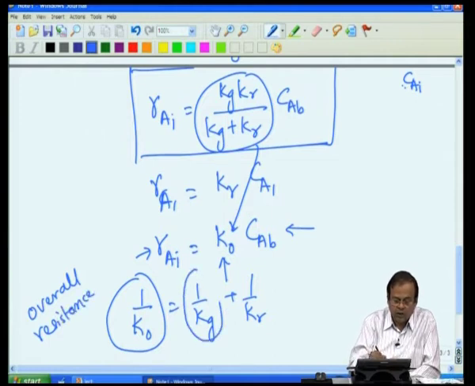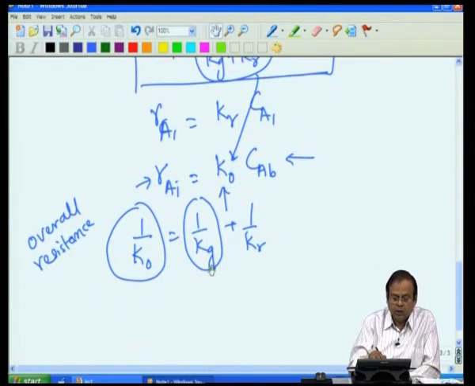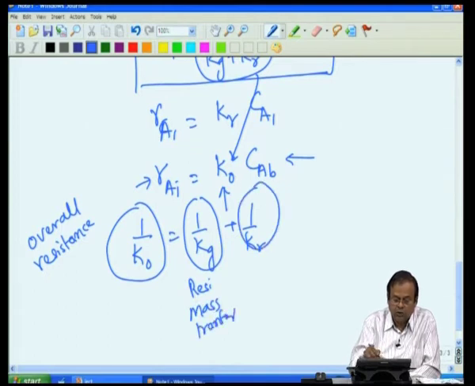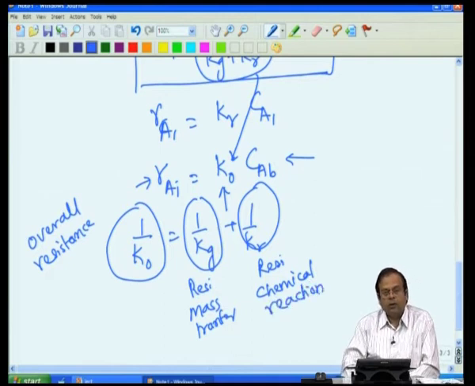This quantity, 1 over Kg, is the resistance due to mass transfer, and this quantity, 1 over Kr, is the equivalent resistance due to chemical reaction. Transfer coefficient and resistances are inverse of each other.